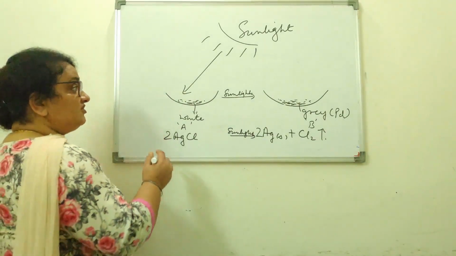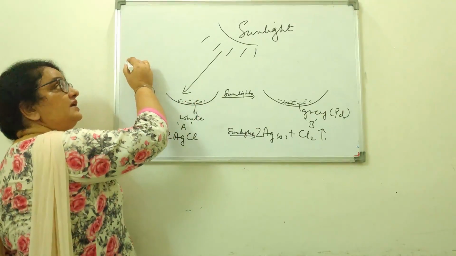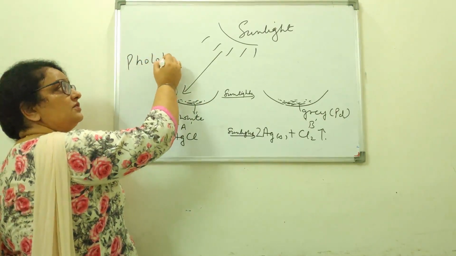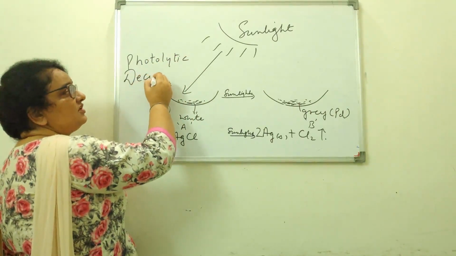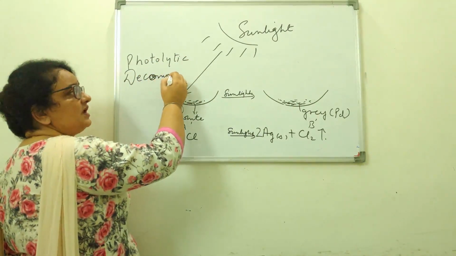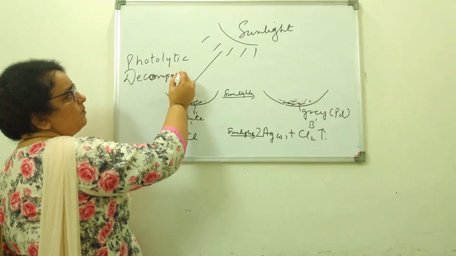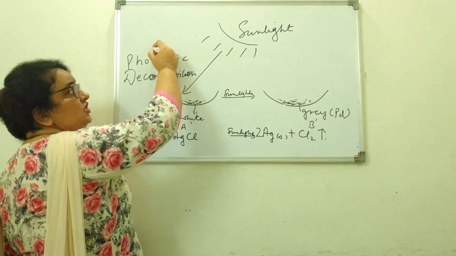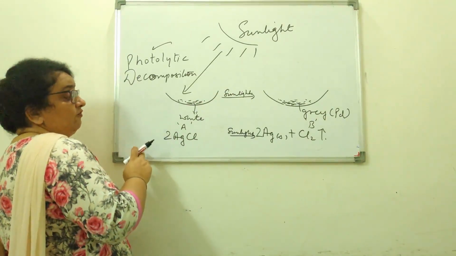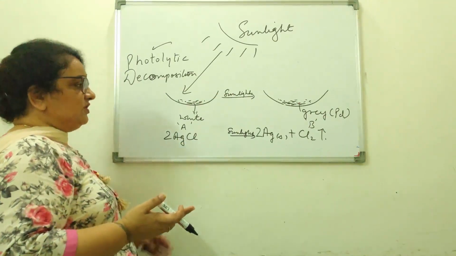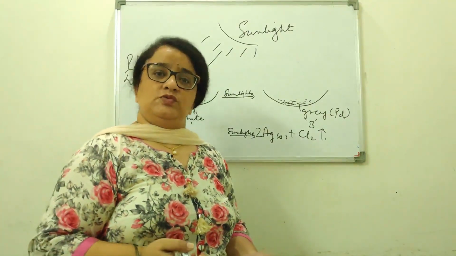Type of chemical reaction, photolytic decomposition. Photolytic decomposition reaction means decomposition reaction using sunlight. And write a complete balanced equation. So this is the balanced equation.